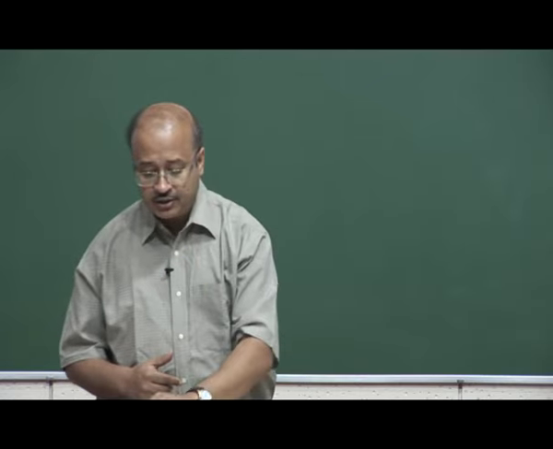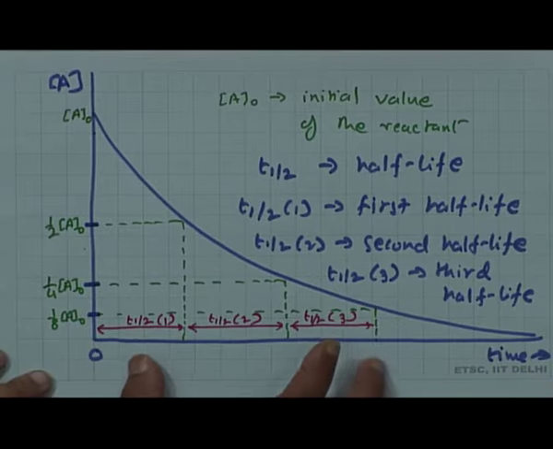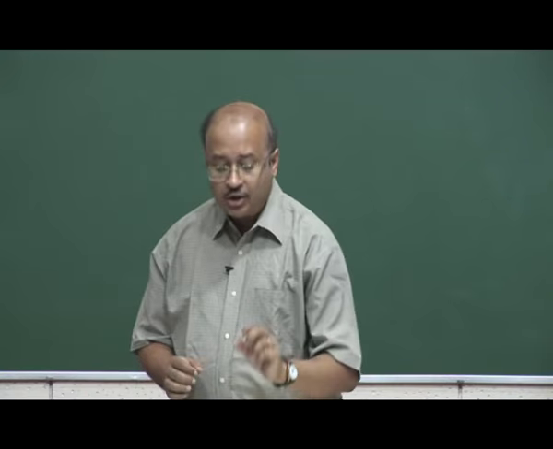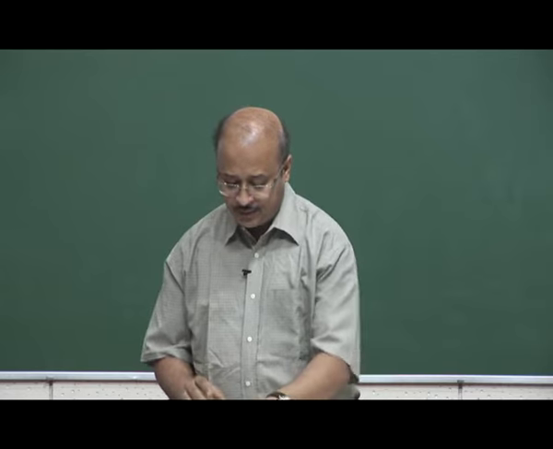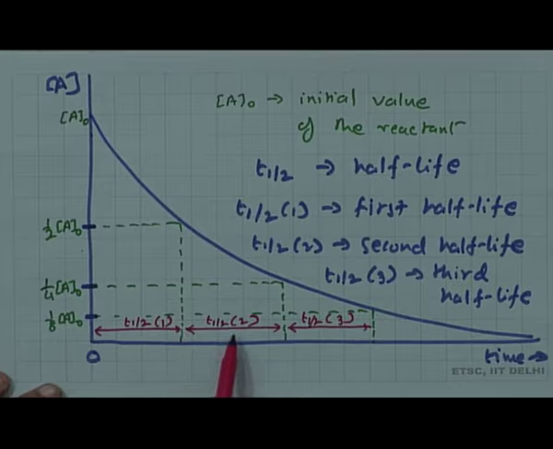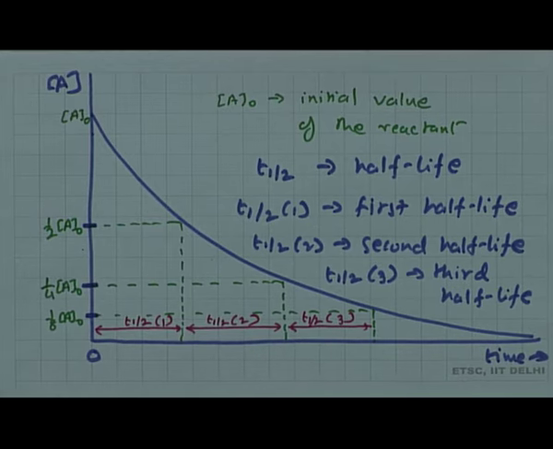But at least let me tell you this: if we consider this kinetic scheme, though it is not drawn to scale, qualitatively you would realize that T half 1 is equal to T half 2 is equal to T half 3, which means that no matter at what point of this reaction you are, the half life is always the same. That means the half life is independent of the concentration of your reactant, right.